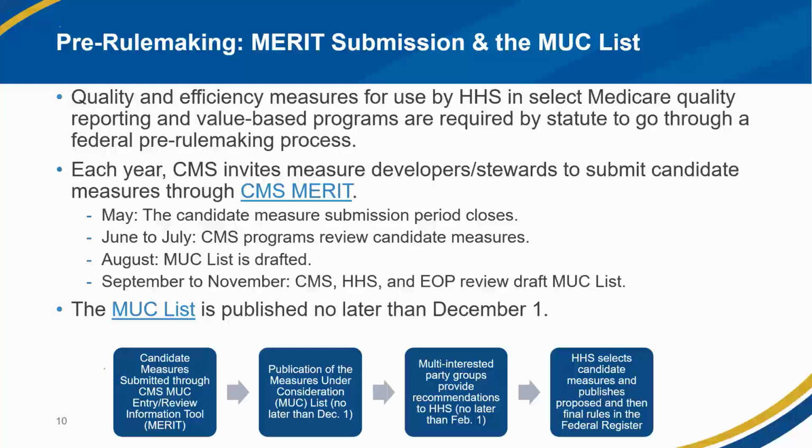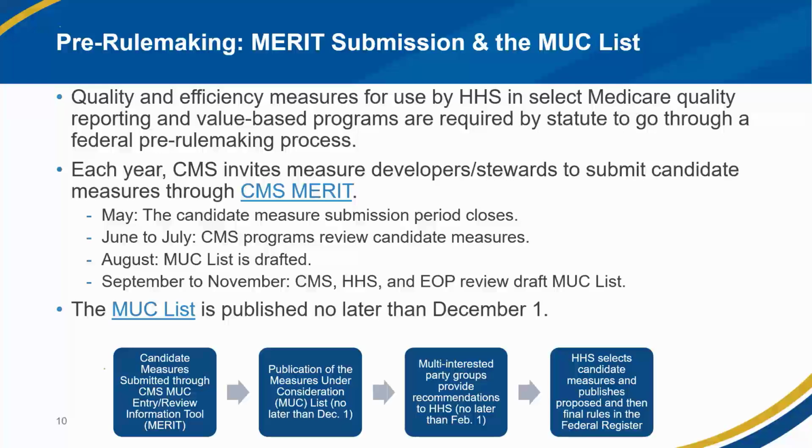And as such, only measures that are being proposed for Medicare quality reporting and value-based programs are required to go through the federal pre-rulemaking process. So programs like the Marketplace Quality Rating System, all of the various Medicaid core sets, et cetera, do not need to go through this pre-rulemaking process and subsequently do not need to go through Primer either.